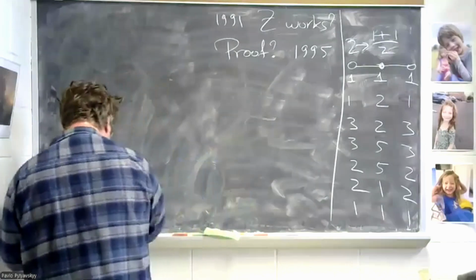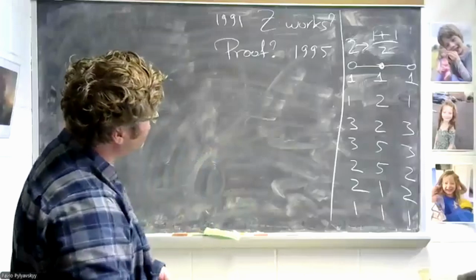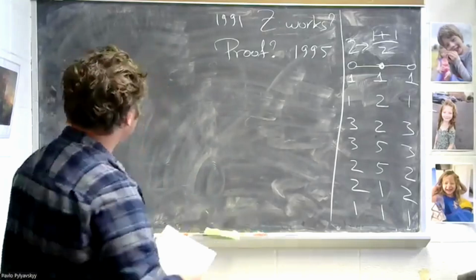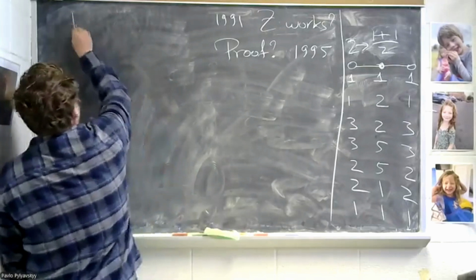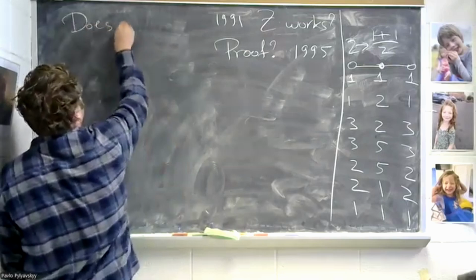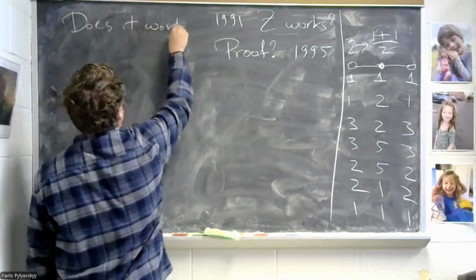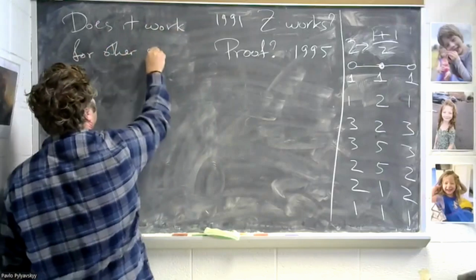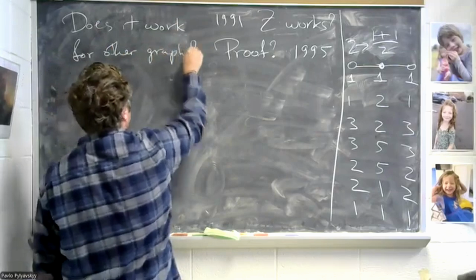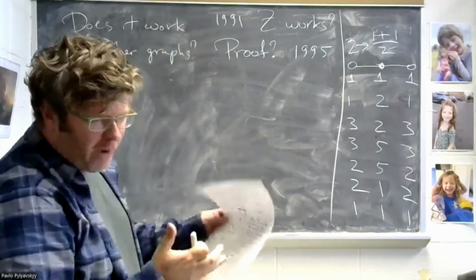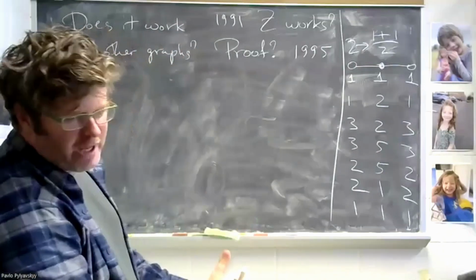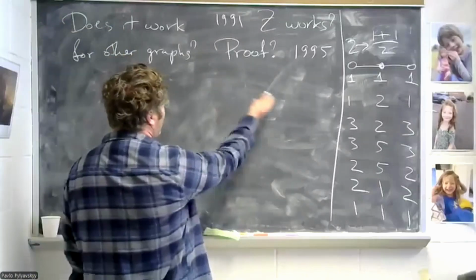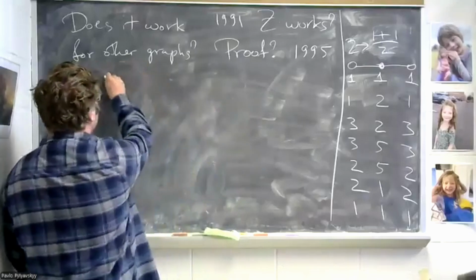So, in fact, as I said, he did it in a larger generality. What do I mean by this? Well, does it work for other graphs? So let's take bipartite graphs, right? So we can color them black and white. And we don't have to take paths.